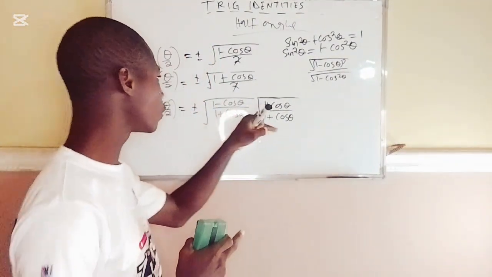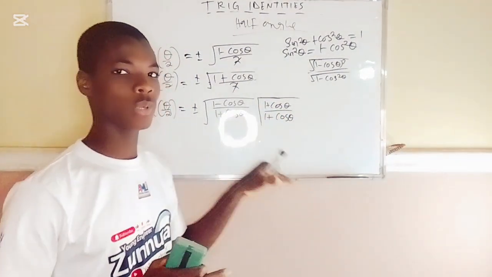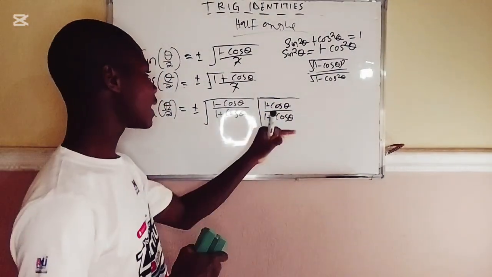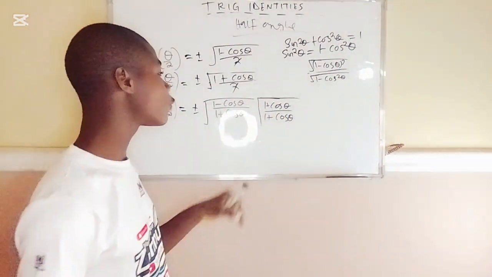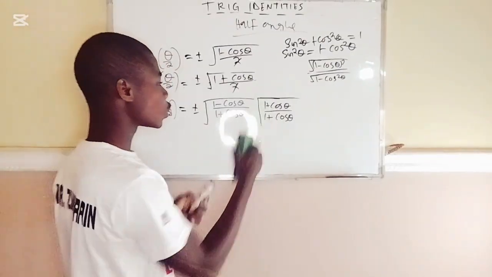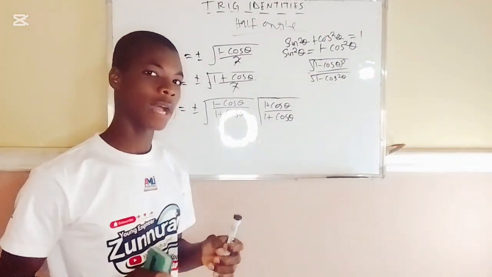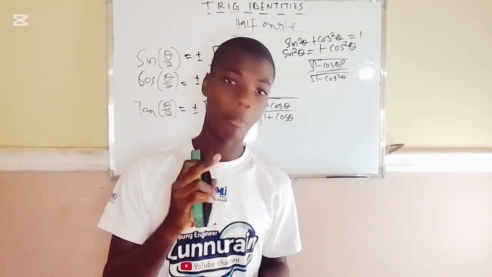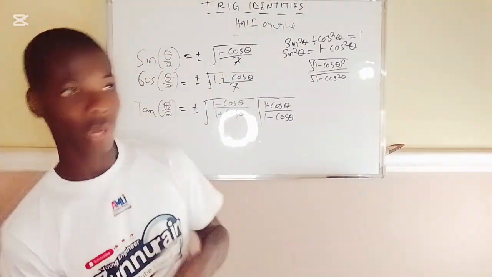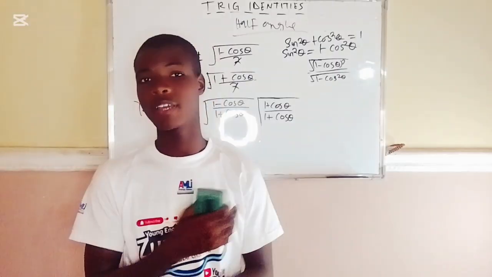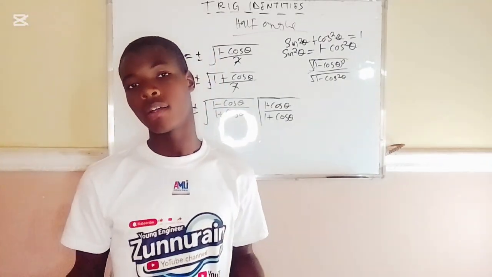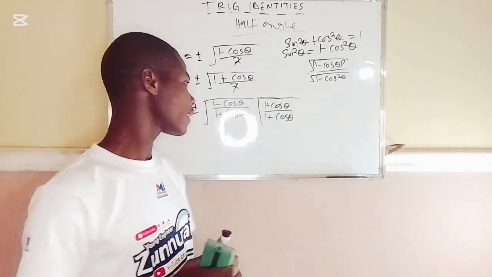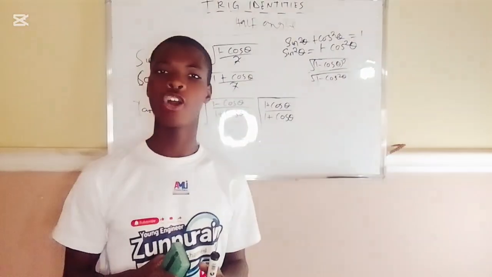The first one that we did gives us 1 minus cos theta over sin theta, and the next one, if we multiply by 1 plus cos theta, you find the answer and put it in the comments section. Whether it is 1 plus cos or 1 minus cos divided by sin square, I don't know.